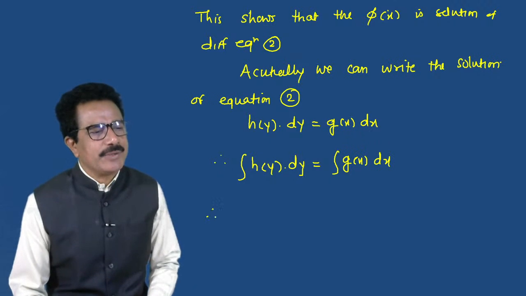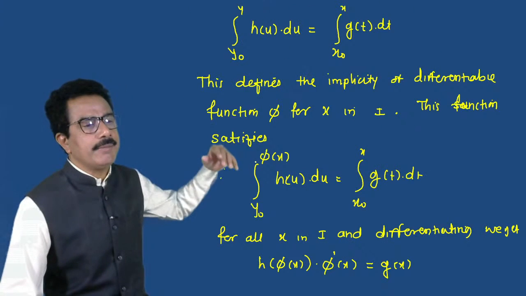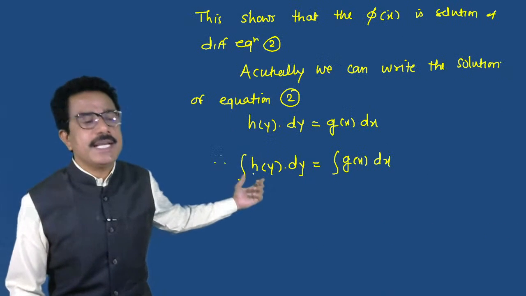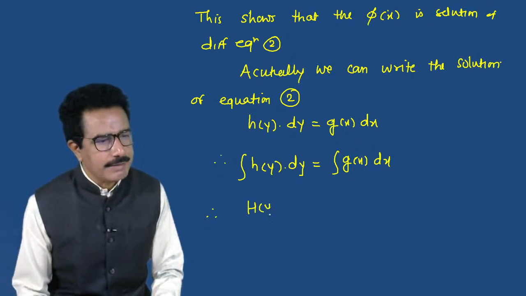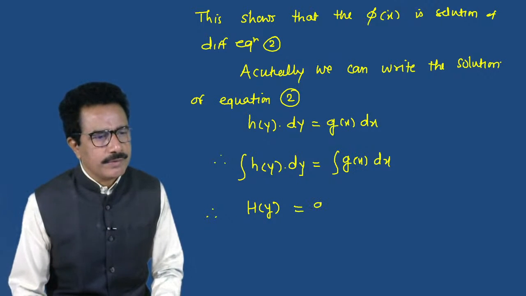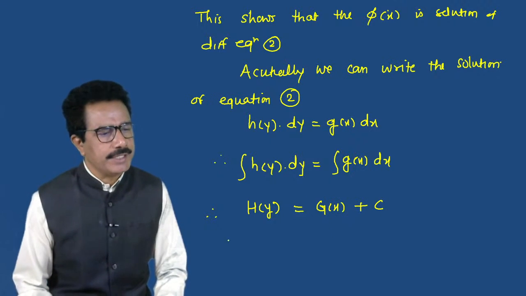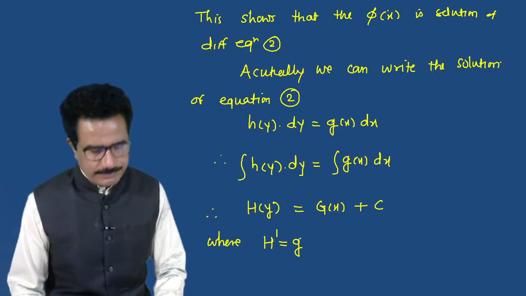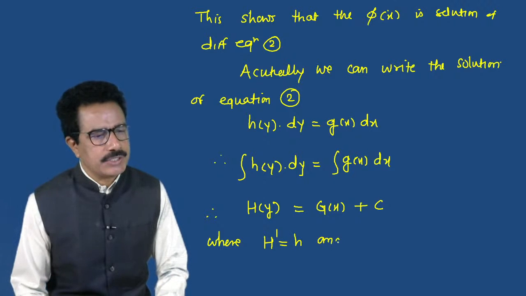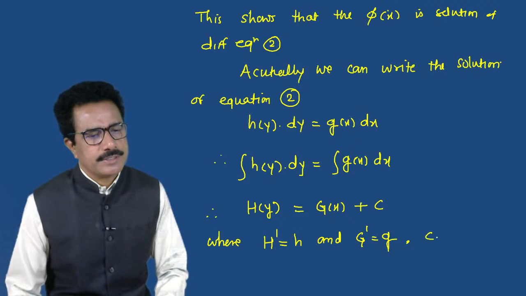Now suppose we directly find the solution. According to the statement of the theorem, we have capital H of y equals capital G of x plus constant of integration c, where capital H dash is equal to small h and capital G dash is equal to small g, and c is a constant.